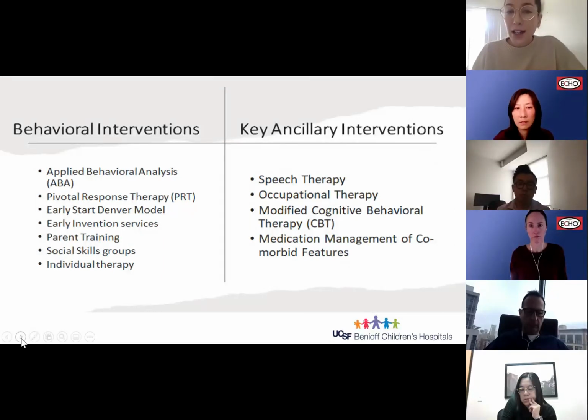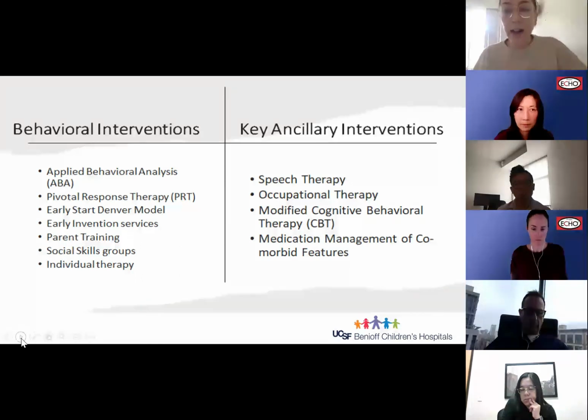The other key interventions that are part of the early intervention services are usually speech therapy if there is a speech delay, and then occupational therapy for a lot of these sensory concerns, as well as emotion regulation.